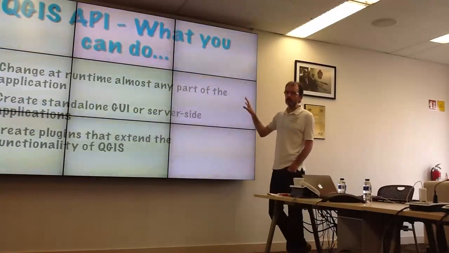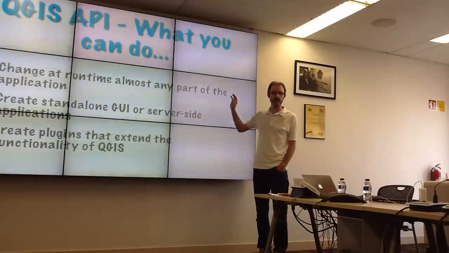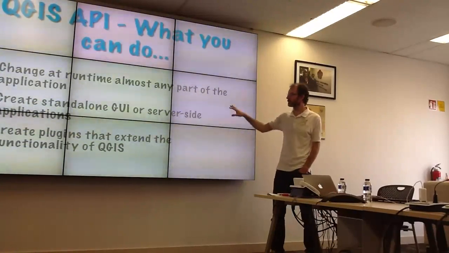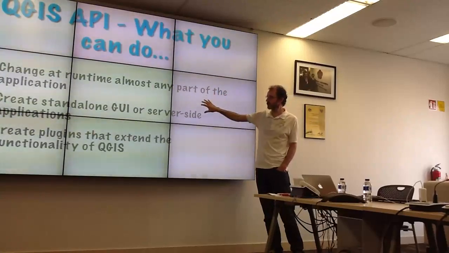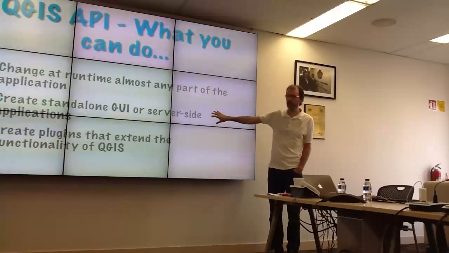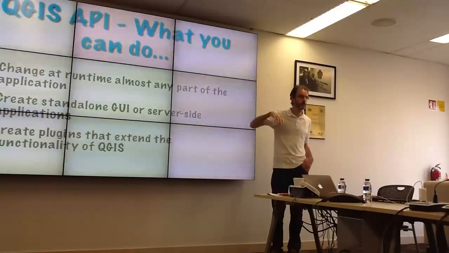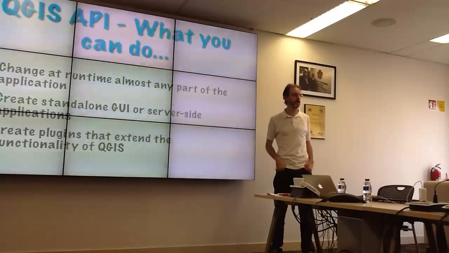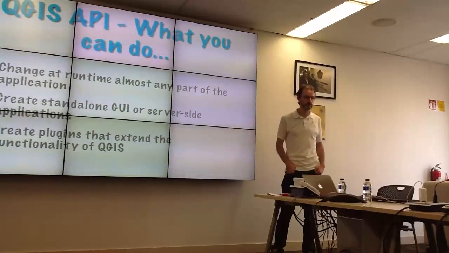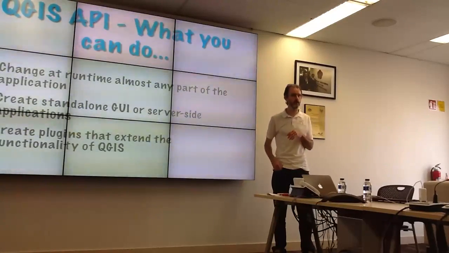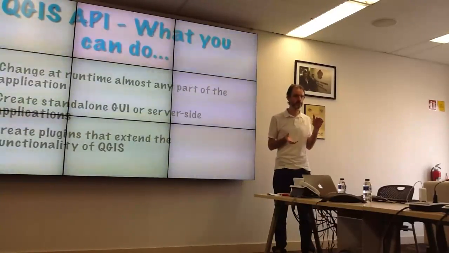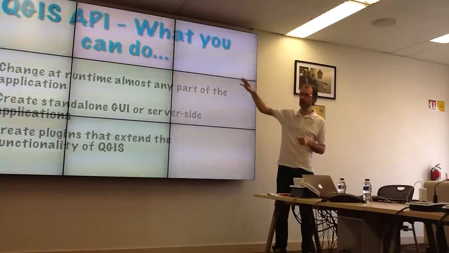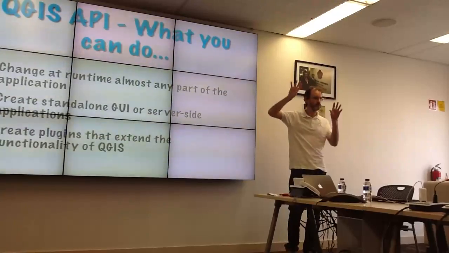So what can you do with the QGIS Python API? You can do almost anything. You can change the application. You can create plugins for QGIS. You can create standalone applications that are based on the QGIS library. So, for example, we did one once for the schools in Alaska, where they wanted a special browser of geospatial information to give to the students, but they didn't want to give them all the buttons and all the functionality.